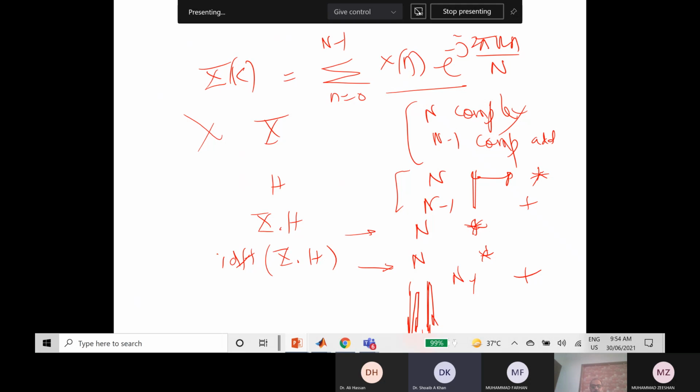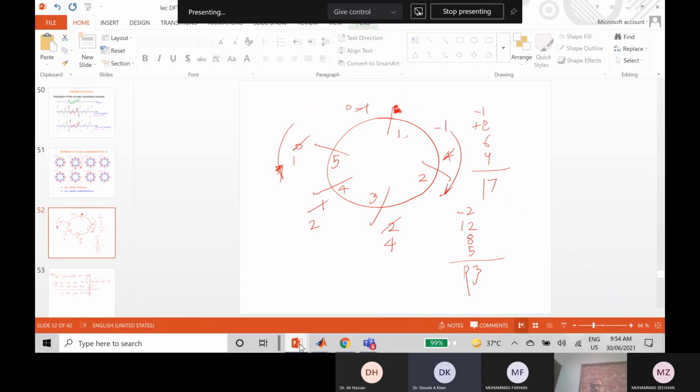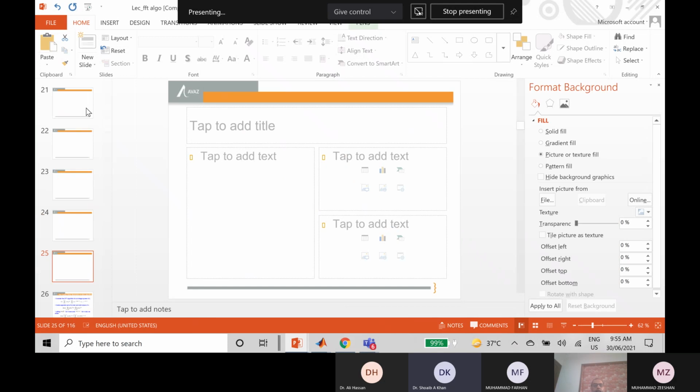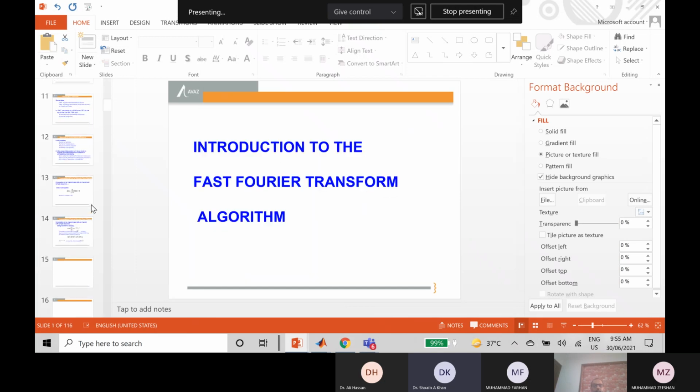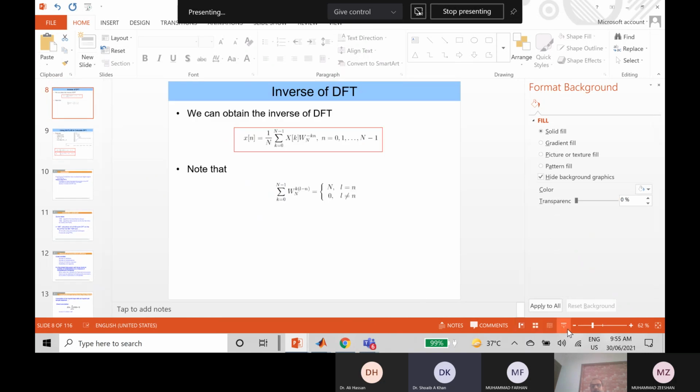Okay, so that's an issue: it is not computationally effective to use this technique. Now look, the issue is that the computational complexity of the FFT is very high.